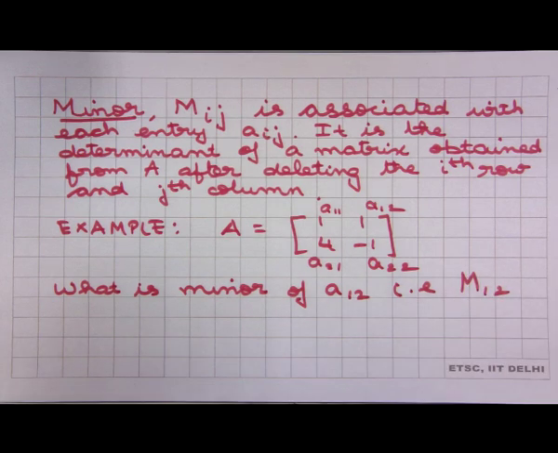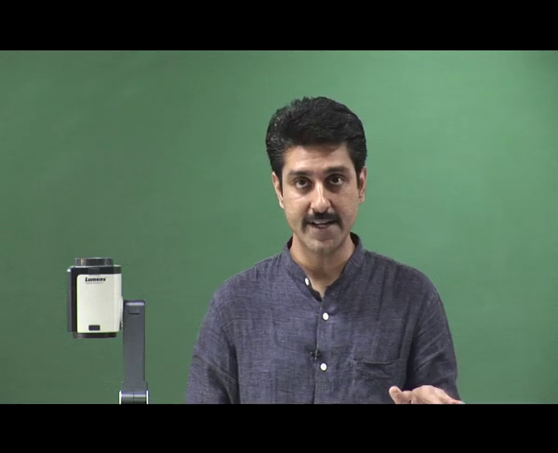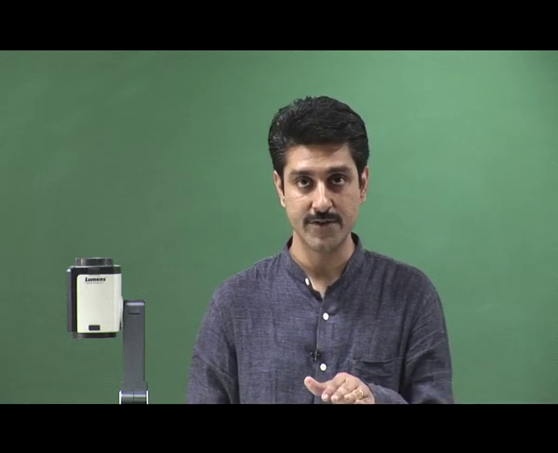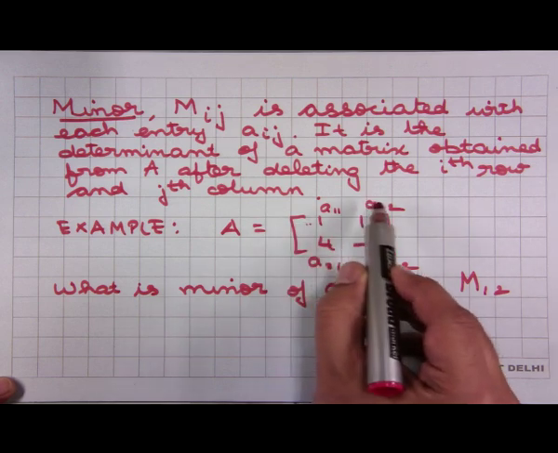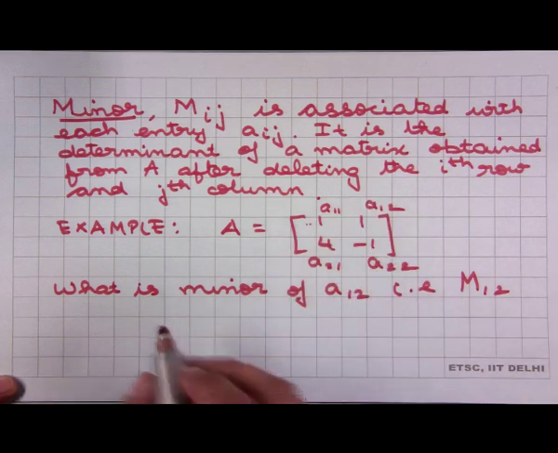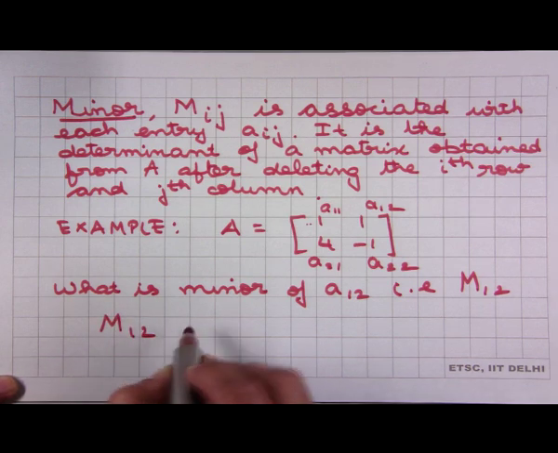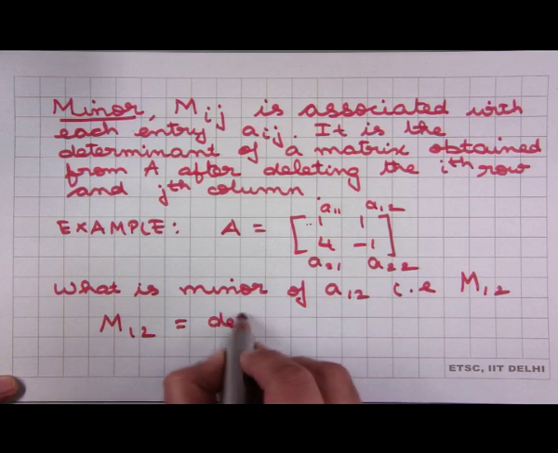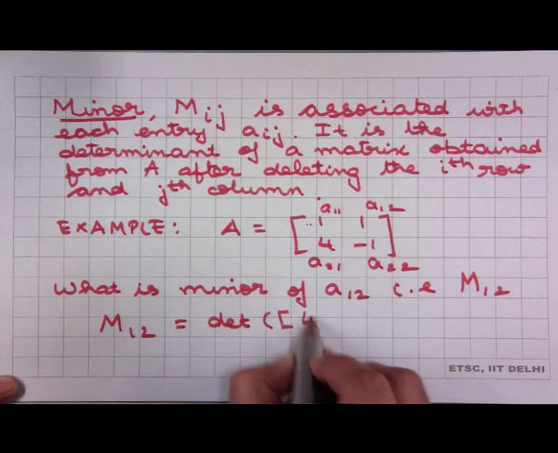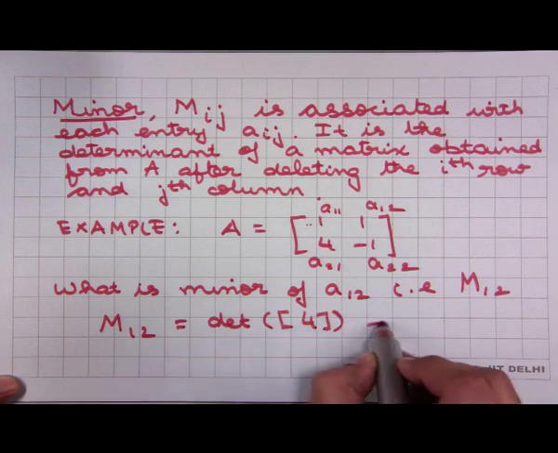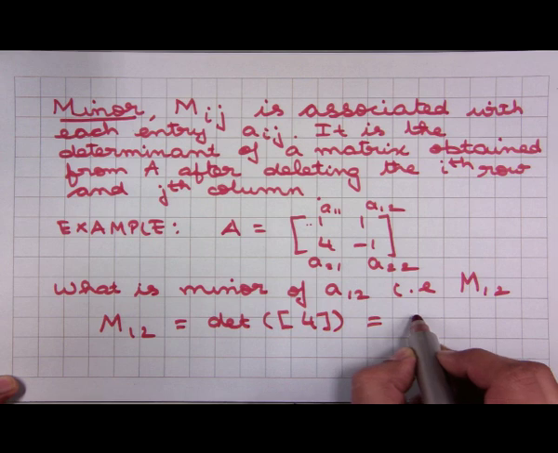M12 is nothing but the determinant of the matrix obtained by deleting the first row and the second column. So we will delete the first row, this one, and then we will delete this second column, and so M12 is nothing but the determinant of the matrix which has a single element 4, which, as we have said before, is nothing but 4.